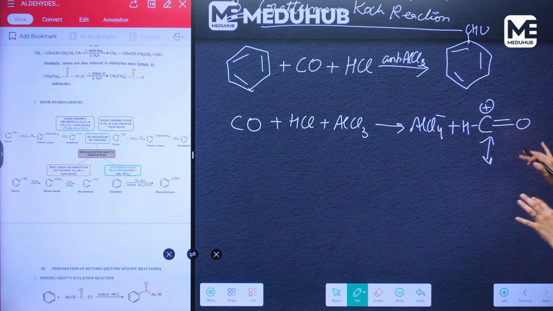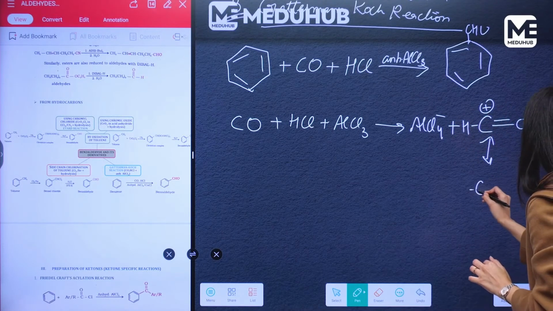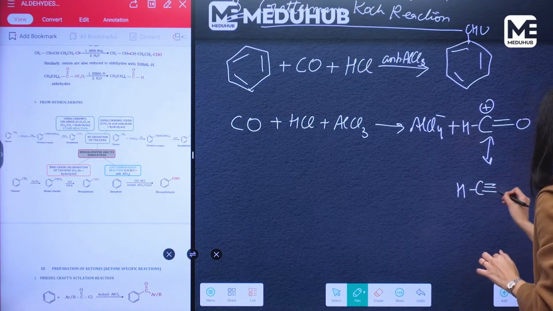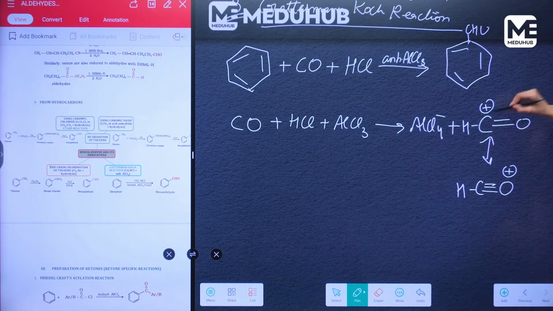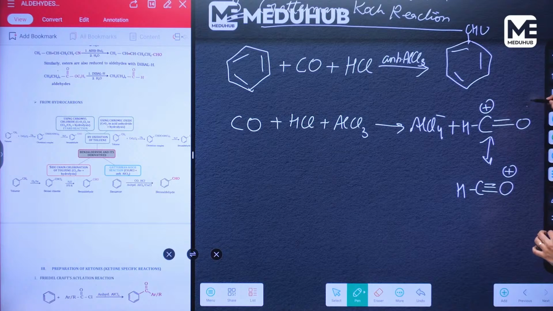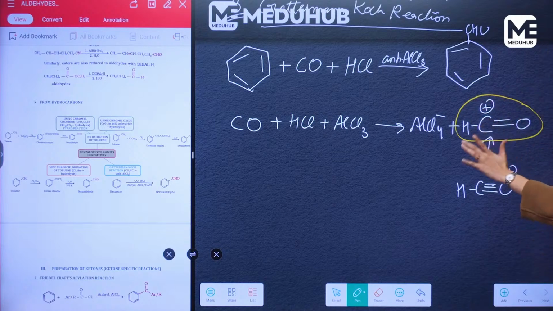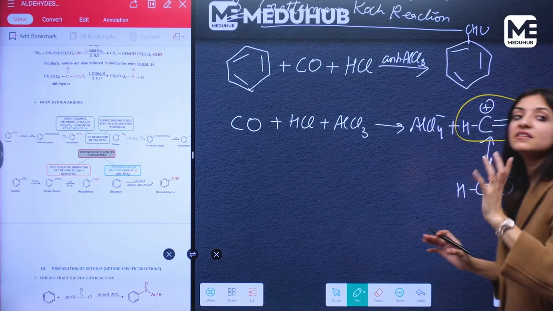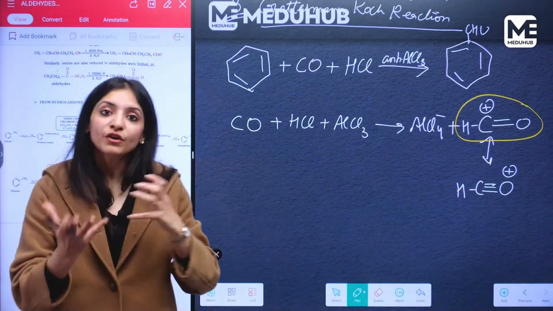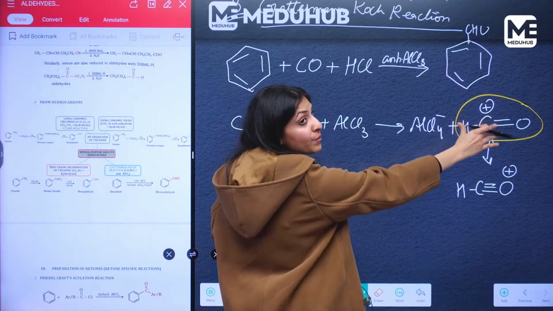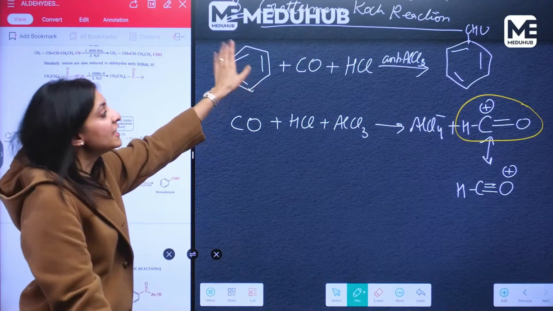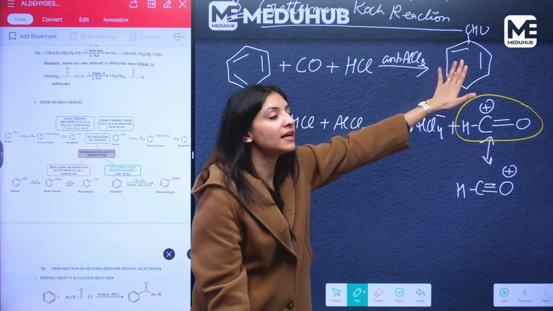We can draw a resonance structure also where we get positive charges on oxygen. Now if you look at these two, the positive charge on carbon is a more stable resonance structure because the positive charge is on the more electropositive element. So this HCO moiety here acts as an electrophile, and this reaction is sort of an electrophilic addition reaction to benzene. So HCO from here gets added on to benzene to give us the product that is benzaldehyde here.